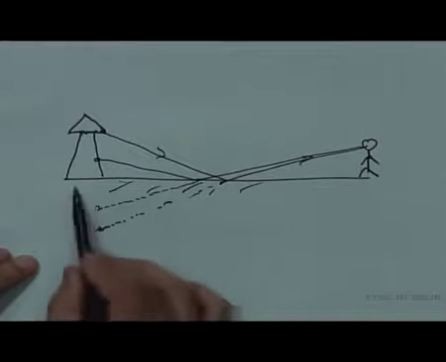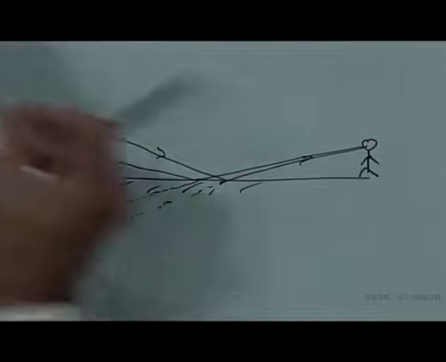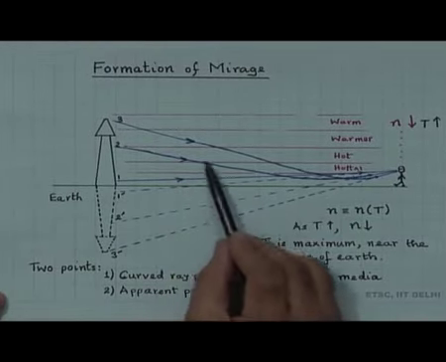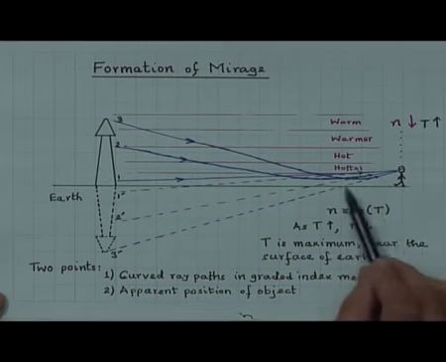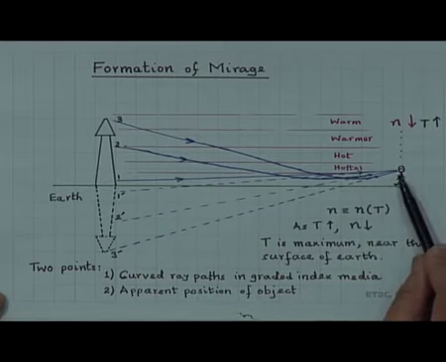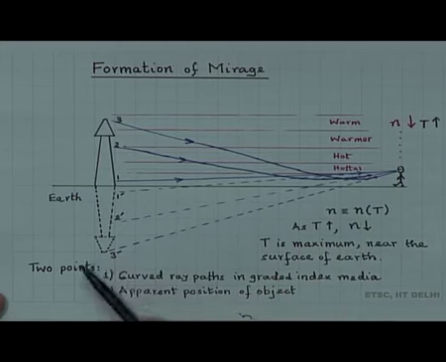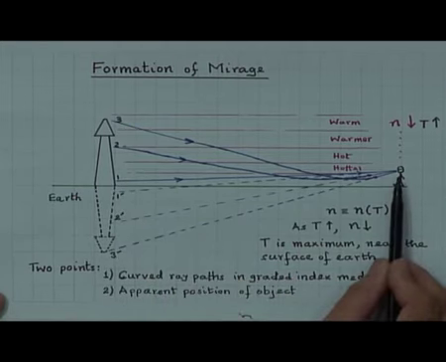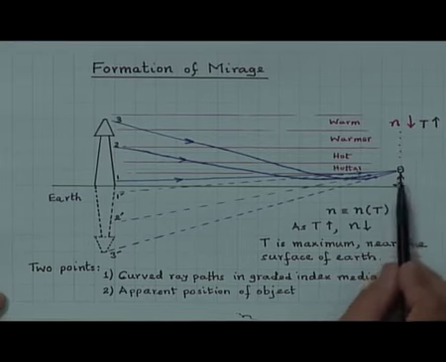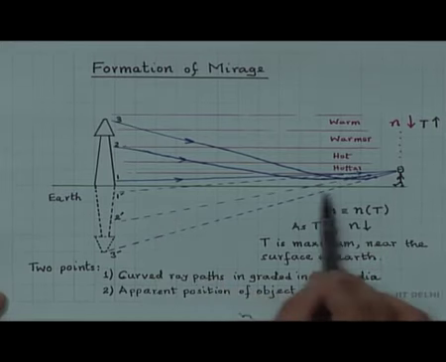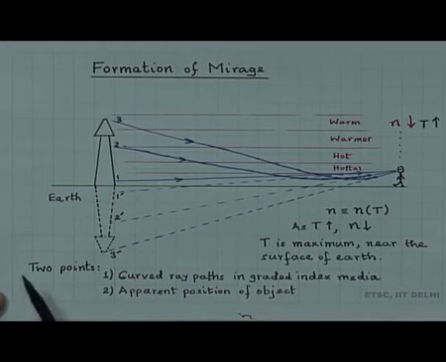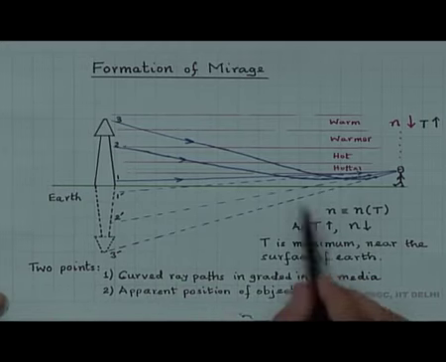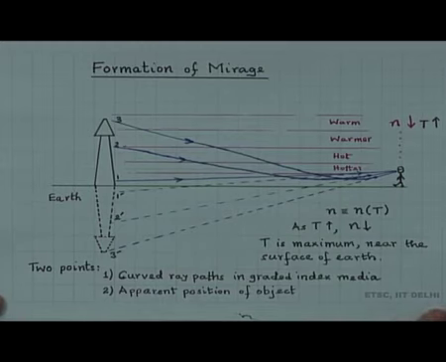Now, we do not have a mirror, but we have a graded index medium. So, the ray bends and enters his eye from below, and this gives the same feeling as if he is seeing an image which is here, and therefore, it gives a feeling to the observer as if on the road there is some reflecting surface such as water, and that is why it is called a mirage.